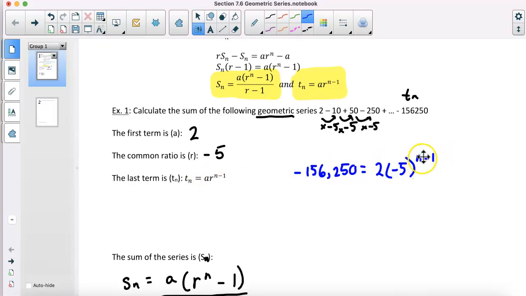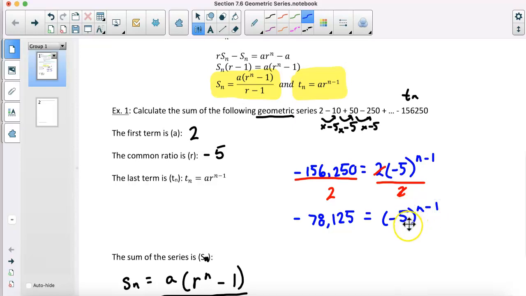So again, this is the n that we want to find. First thing we can do, divide both sides by 2, and we're left with minus 78,125, equal to minus 5 to the exponent n minus 1.